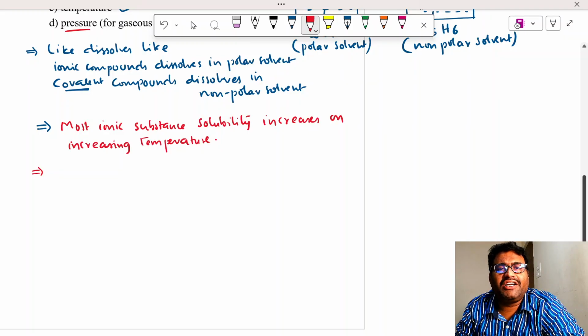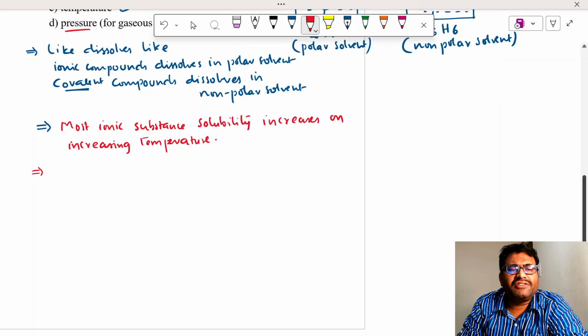When you open a soft drink bottle, you will find that some bubbles are coming out. What are those bubbles? Dissolved carbon dioxide gas. Why is it coming out? Because when you open the bottle, the pressure over that liquid decreases, so the dissolved carbon dioxide comes out in the form of bubbles.